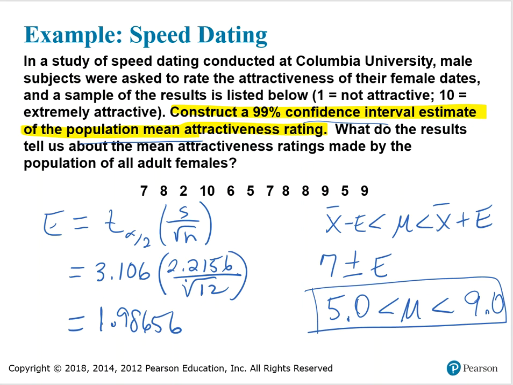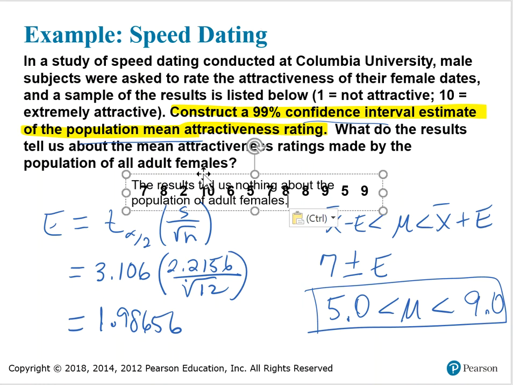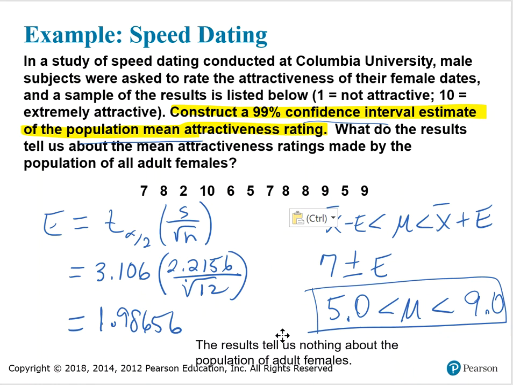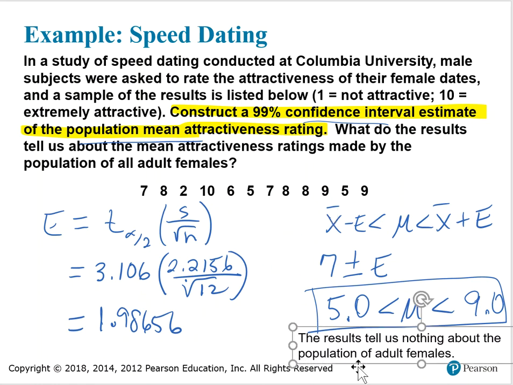Therefore, the results really tell me nothing about the population of adult females. So that would be how I would respond to the follow-up question: the results tell us nothing about the population of all adult females.